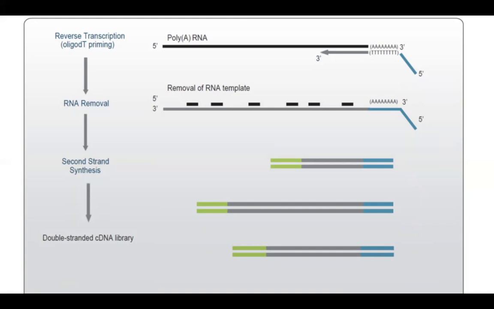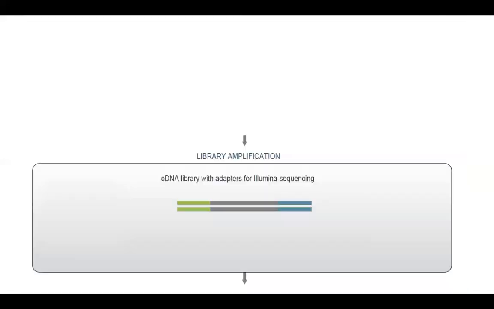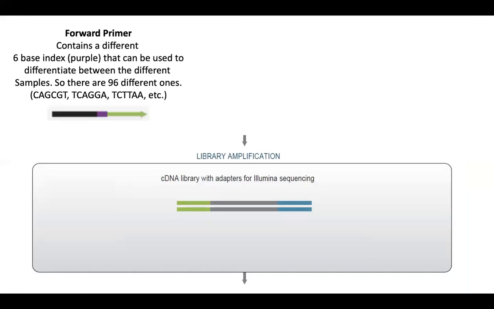So the next step is to amplify this and also to add more sequence and the indexes. So starting off with your double-stranded cDNA, it will be amplified with a forward primer, which has the green parts, which can bind to the cDNA. And then next you see the purple parts, which are typically 6 bases, sometimes 8 bases, but they contain the so-called barcode.